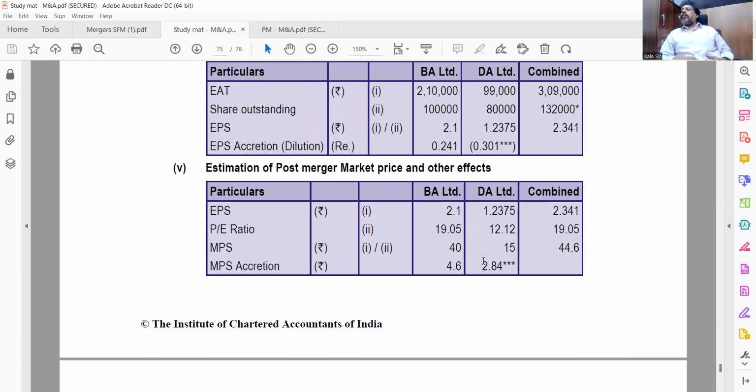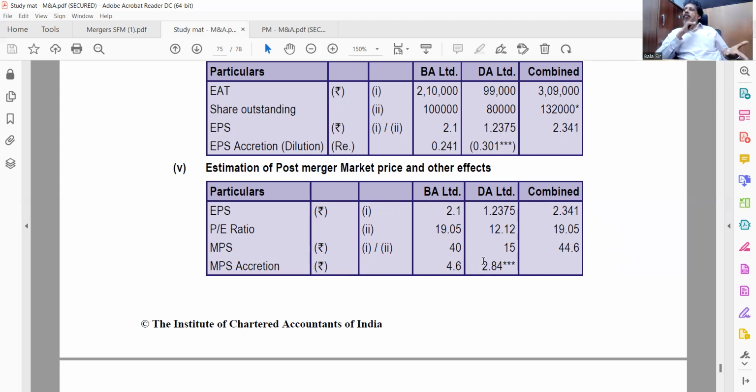Now let us go through the solution given out there. So earnings per share for BA is 2.1, DA is 1.2375, and combined is 2.341. This we already know. Next line, PE ratio is 19.05, 12.12 and 19.05. Next line, the market price per share is 40, 15 and 44.6.